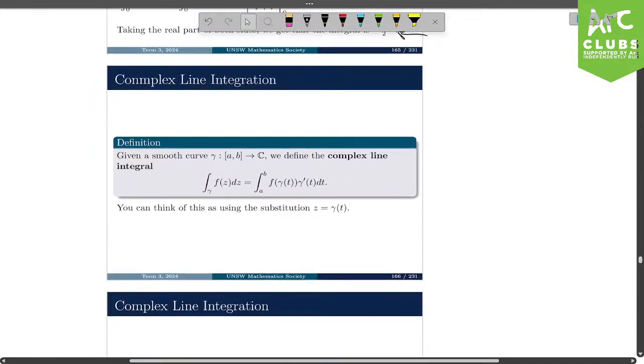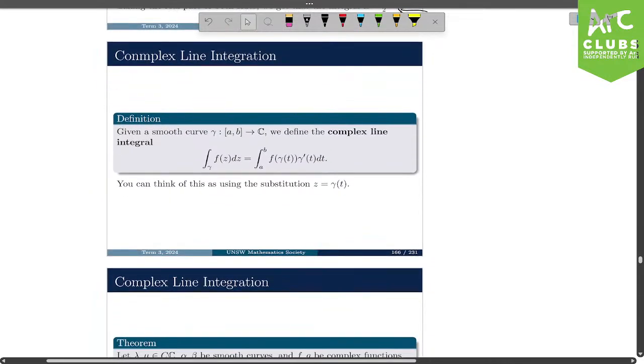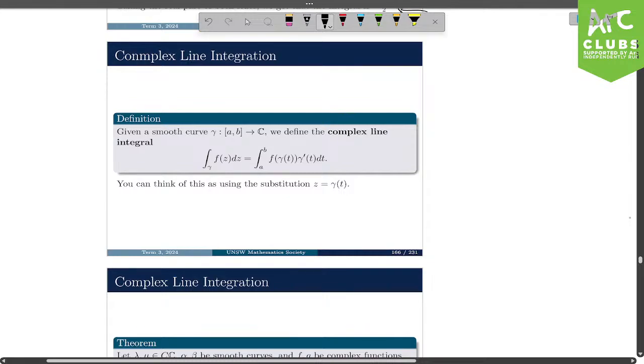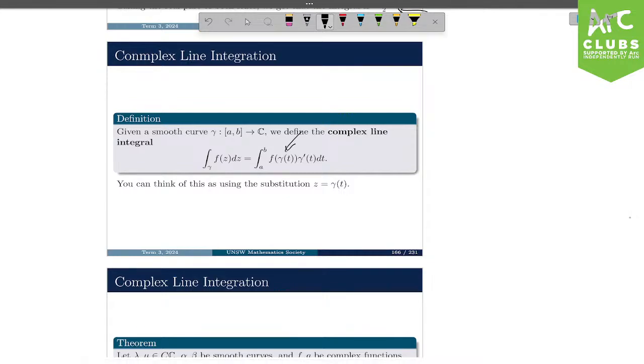Let's keep on moving. So, complex line integration, similar to before. Now we have a kind of field that we're integrating over, very similar to vector calculus. Usually that was 1 when we were determining lengths. Now it's just the function we're talking about. Okay?